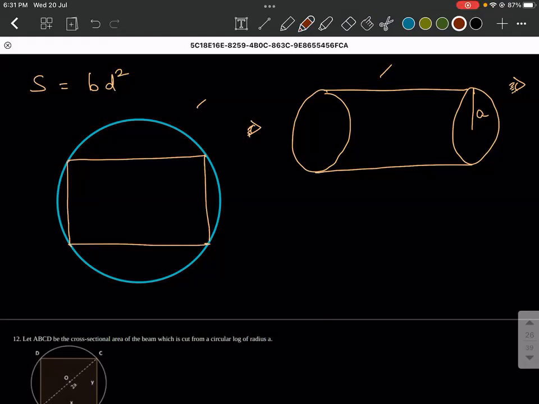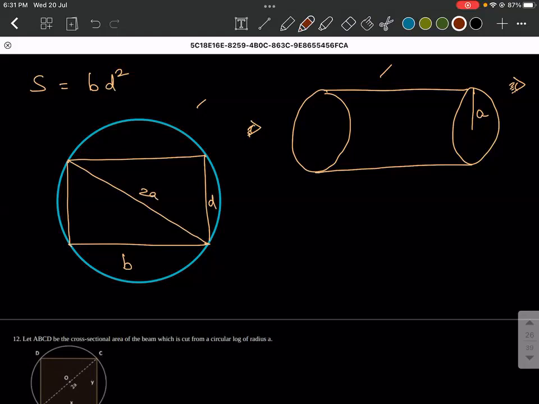Anything is fine, so B and D, because it is the diameter of the log.